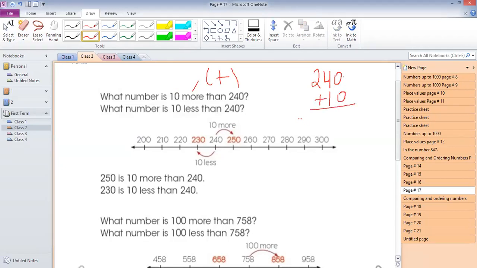Look, 0 plus 0, 0. 1 plus 4, 5. And 2 plus 0, 2. So this is 250. So 250 is the answer.